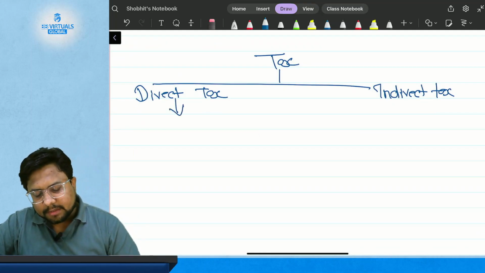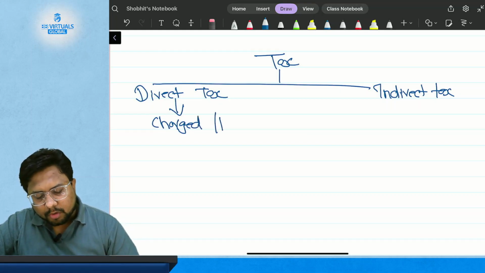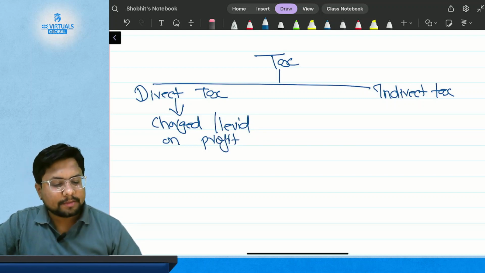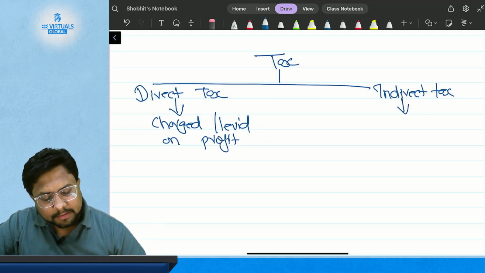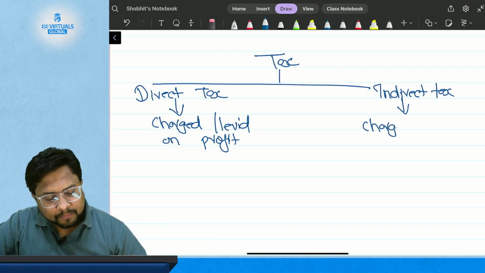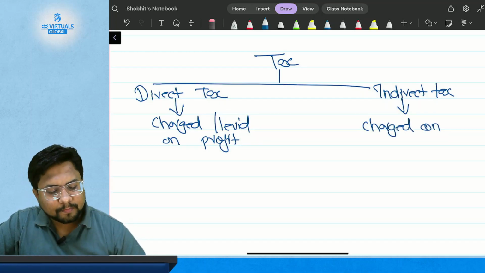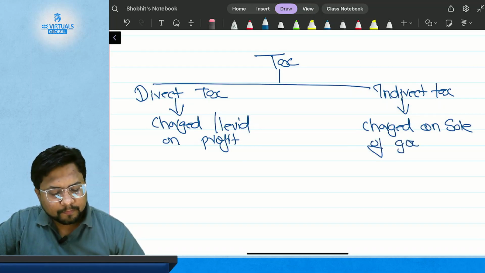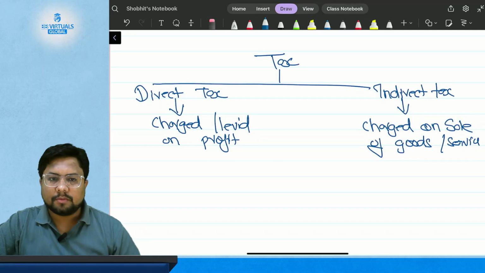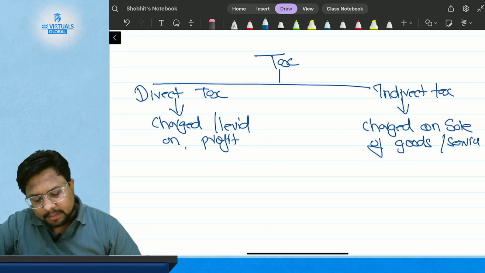Direct tax is charged or levied on profit, whereas indirect tax is charged on sale of goods or service.